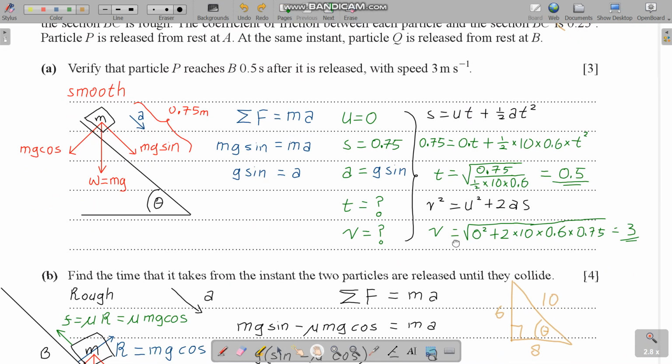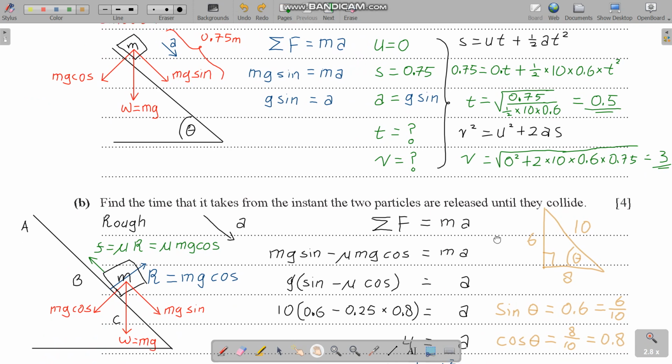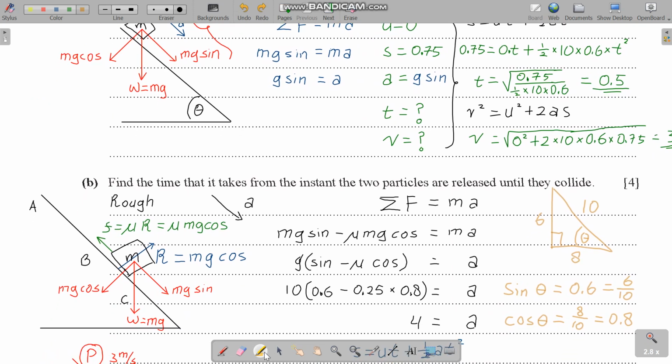Now find the time it takes from the instant the two particles are released until they collide. First of all, let's find the acceleration on the rough part of the slope. When it's rough, now we need this W cos theta because we have friction. The normal reaction force is equal to W cos theta, and the friction is mu times the normal reaction, so the friction is mu mg cos theta.